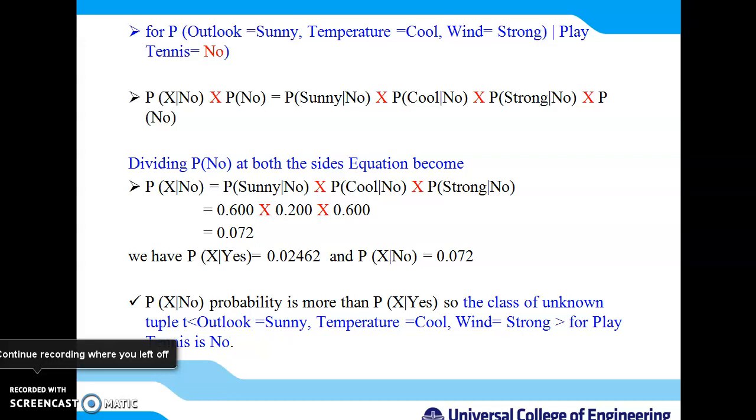So in this way, by simple probability logic, you can decide the class of particular data. We have decided the particular class, and trust me, Bayesian classification gives more accuracy. It is widely applicable in making decisions.